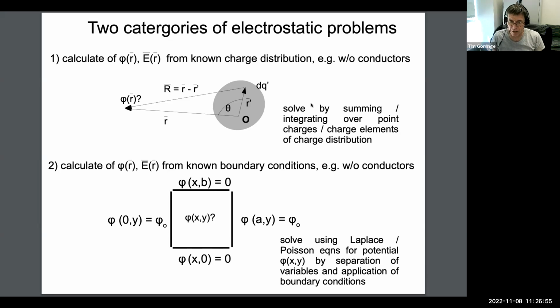It depends on whether you've got charges or you haven't got charges in your region of interest. You solve Laplace's or Poisson's equation by matching the solution to the boundary conditions, to the potentials or the fields at the location of the boundary conditions.